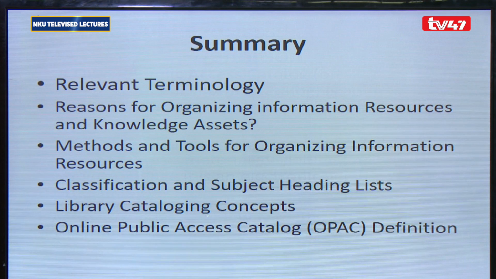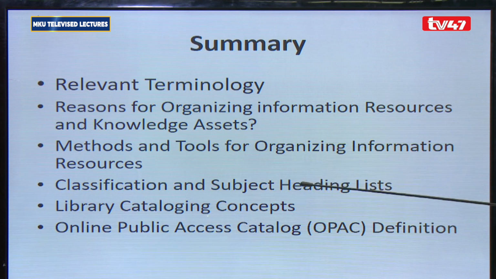Now, we'll summarize this lesson. We have looked at a number of issues here, and we started by looking at the relevant terminology, the reasons for organizing information resources and knowledge assets. Then we went on to talk about methods and tools for organizing information resources.